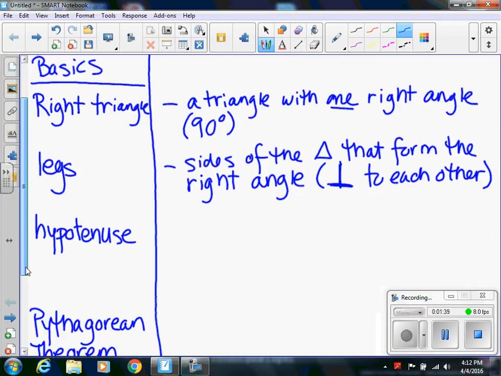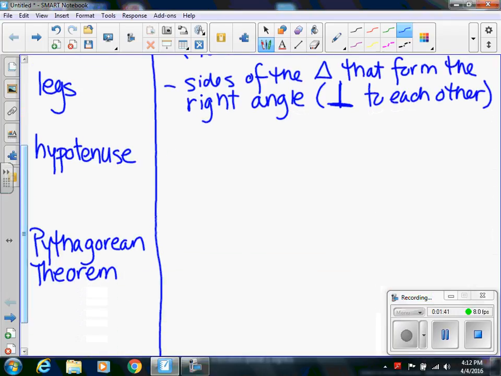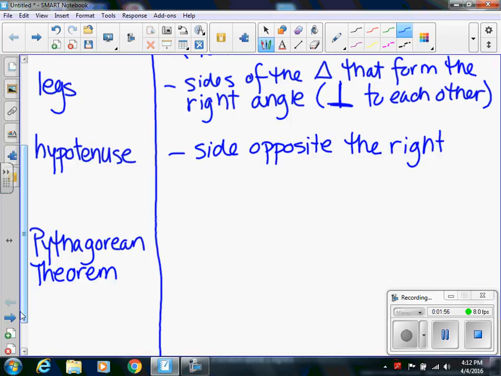And then we have the hypotenuse. The hypotenuse is the side that's opposite the right angle. And that symbol there is angle.